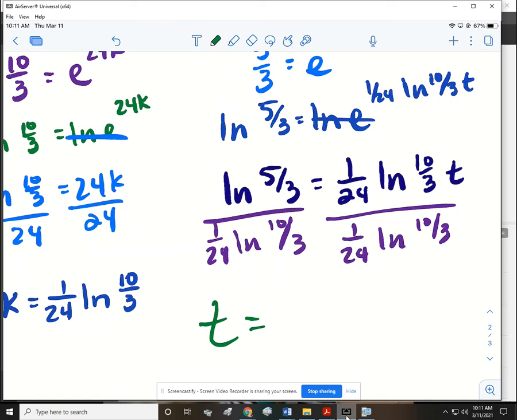So it's going to be the natural log of 5/3 over 1/24th natural log of 10/3. All right, that's our time. And I guess it would be in hours. Time is in hours.